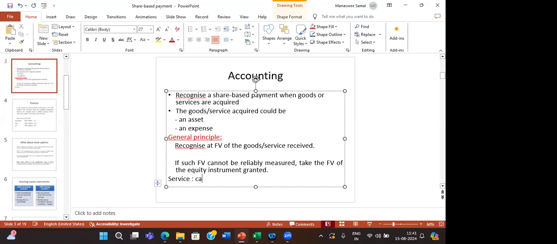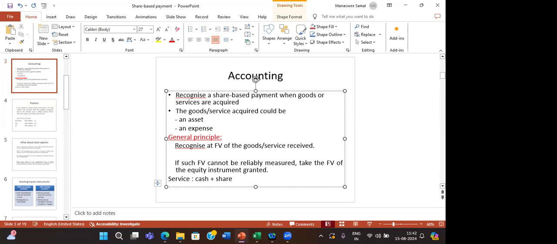But one part of the remuneration you are paying in cash, right? And then another part you are paying in terms of shares that eventually the employee will get upon exercise of the option, isn't it? So the problem here is how to ascertain for what percentage of service the employee is rendering to the company we are giving shares, and for what percentage of service we are awarding the employee with cash compensation.